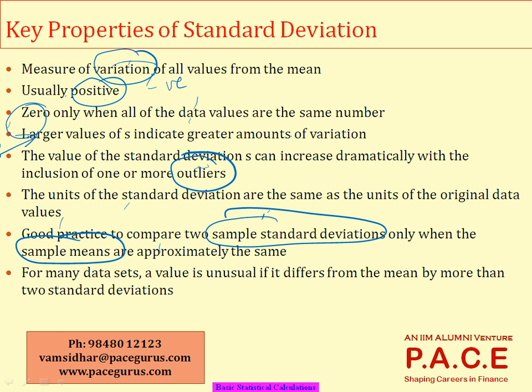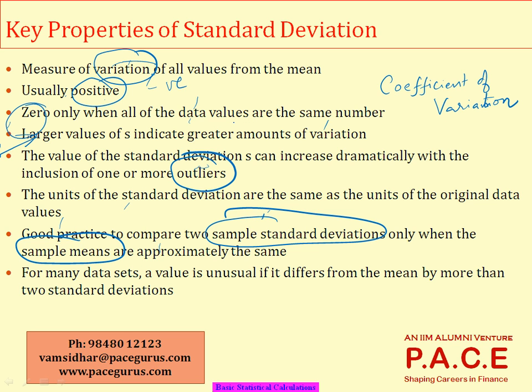Otherwise, there is another process which we'll look at slightly later. It is called the coefficient of variation, which we take to compare the sample standard deviations in case their means are not the same.